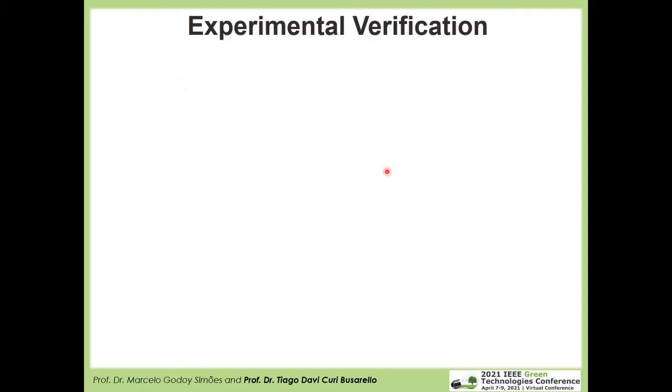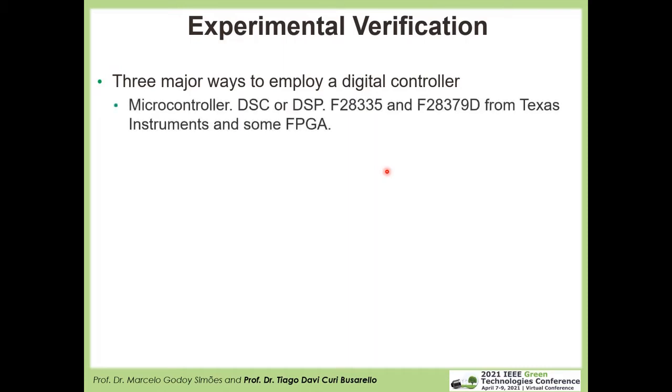Experimental verification. There are three major ways to employ a digital controller. The first is in a microcontroller. We can use a digital signal controller or a digital signal processor. The most common, at least from my point of view, are the F28335 and F28379D from the Texas Instruments company, and also some FPGA as a possibility to employ our digital controller.